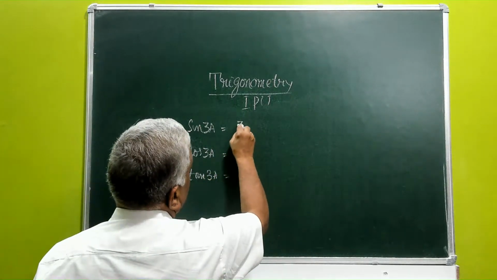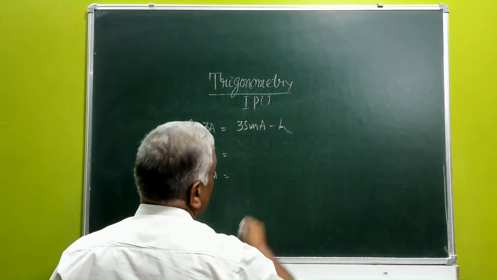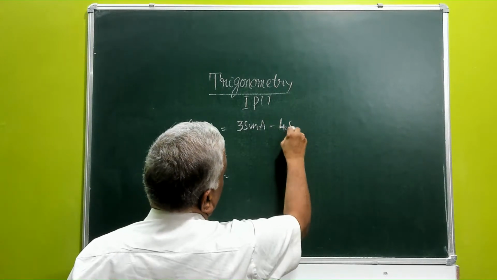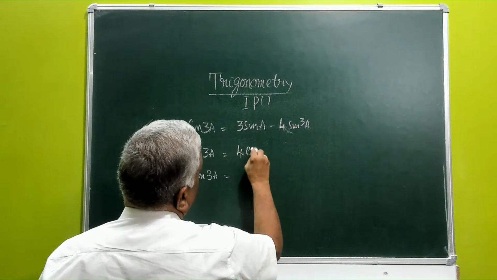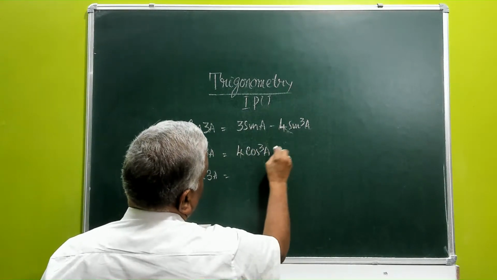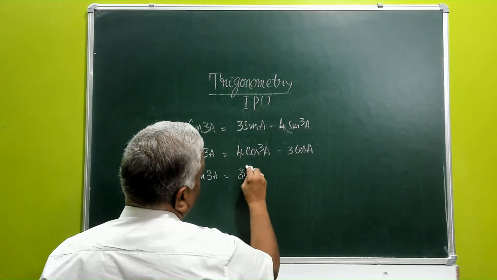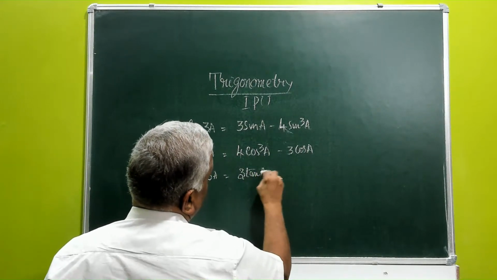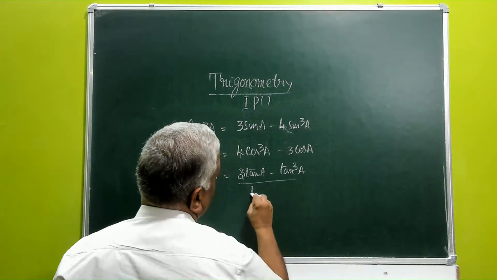Sin 3a is 3 sin a minus 4 sin cube a. Cos 3a is 4 cos cube a minus 3 cos a. Tan 3a is 3 tan a minus tan cube a over 1 minus 3 tan square a.